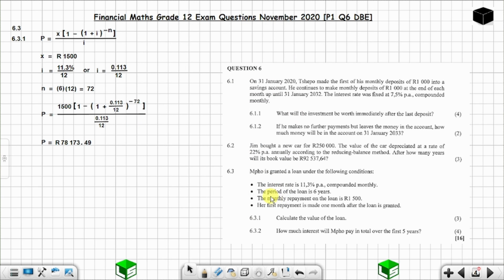The loan for a period of 6 years. This is what is granted.